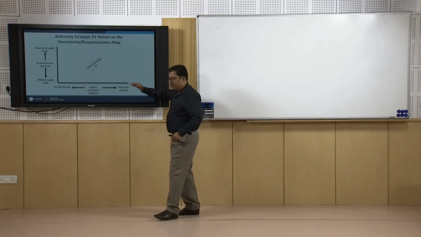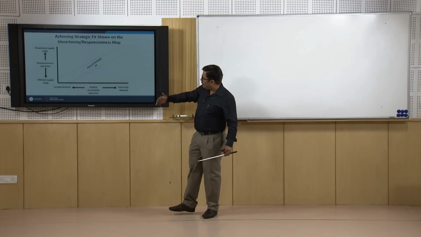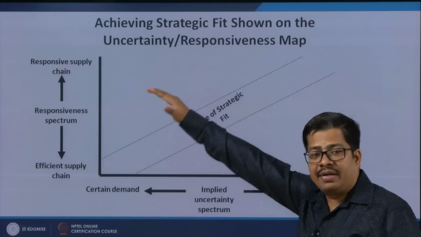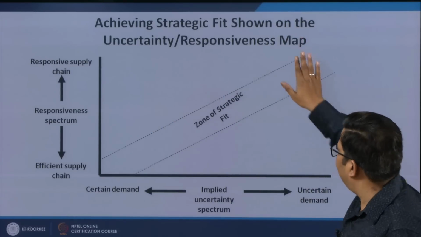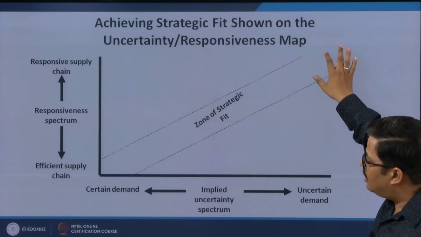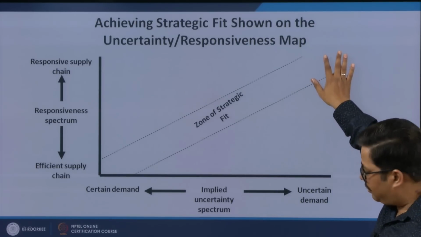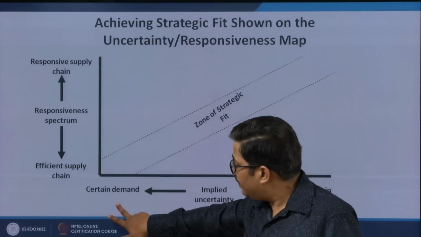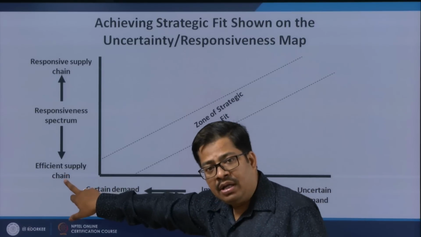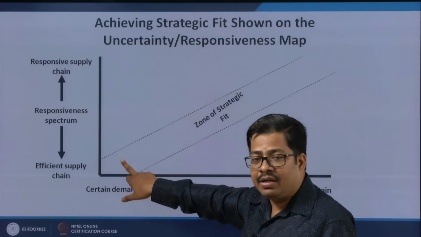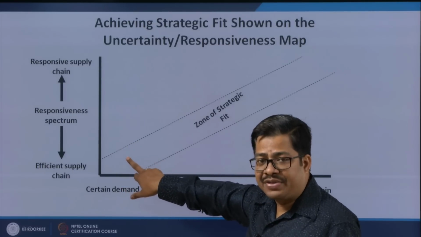So, you can understand now that if you have uncertainty in the demand and supply, you should have a responsive supply chain, and then you are located somewhere here in this responsiveness zone of strategic fit. Then if you have more certainty in the supply chain, then you should develop efficient supply chains, and you are located at this point of the zone of strategic fit.